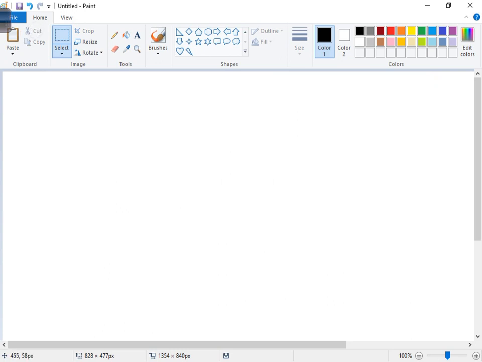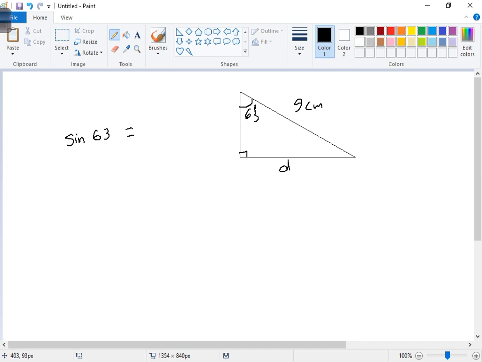If we have this triangle here, and this angle is, for example, 63 degrees, and the hypotenuse is 9 centimeter, a right angle triangle, and this side is D, and he asks you what is the length of D. We will say sine 63 equals opposite D over 9.